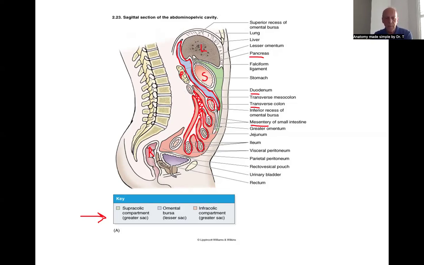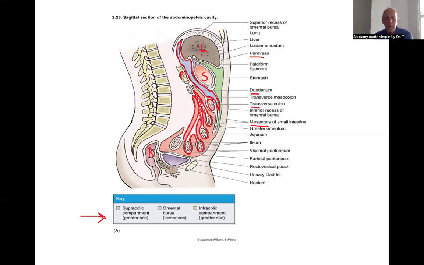Basically, to clarify what is supra and infracolic compartment, the whole peritoneal space with a transverse colon running from left to right becomes physically divided into supra and infracolic part, superior and inferior to transverse colon.